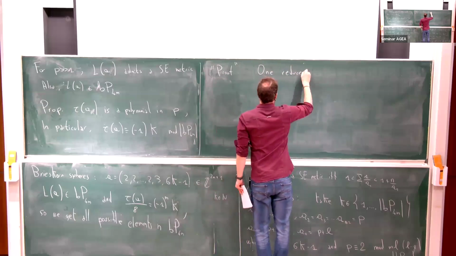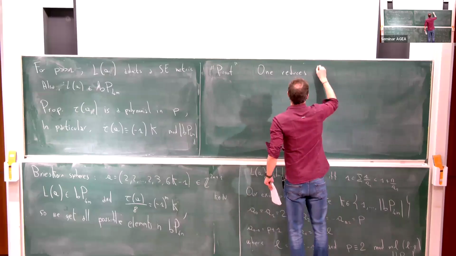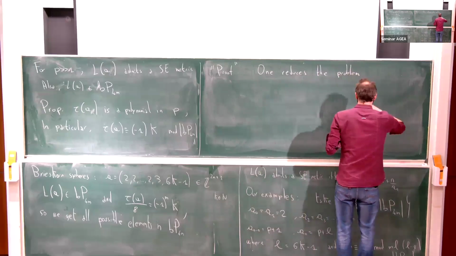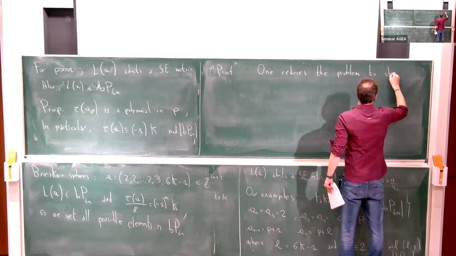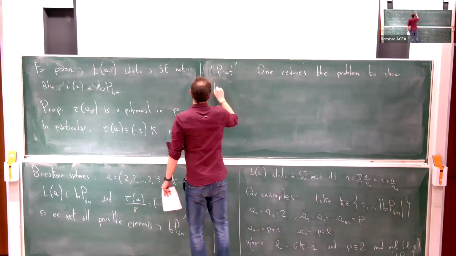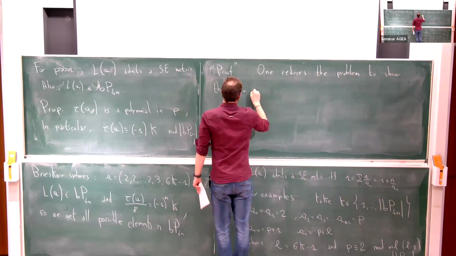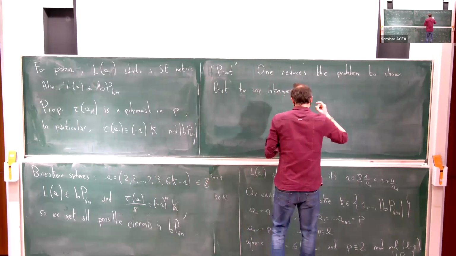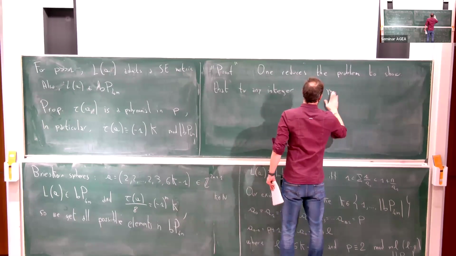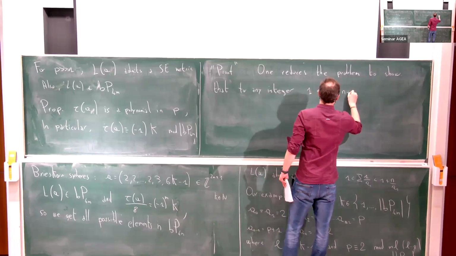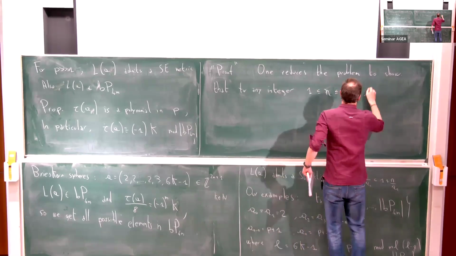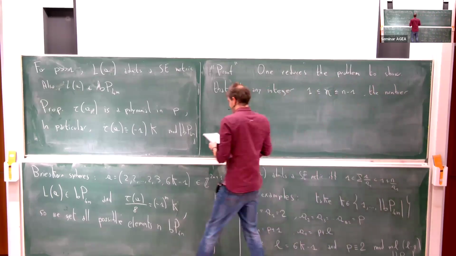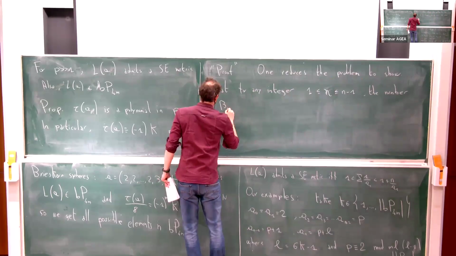One reduces the problem to show that for any integer eta between 1 and n-1, the number beta eta.